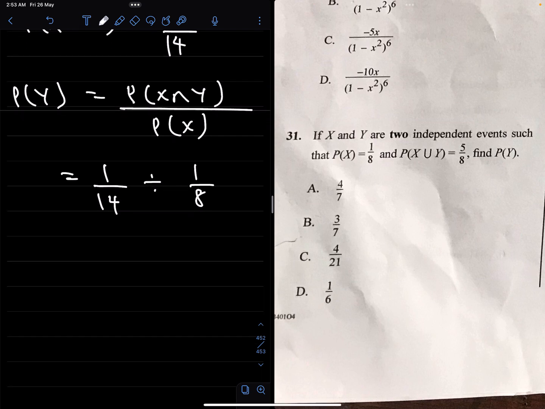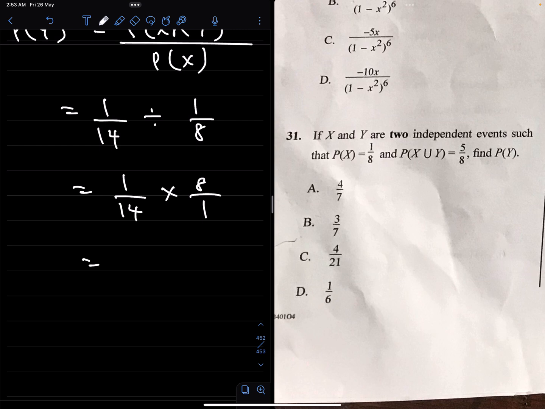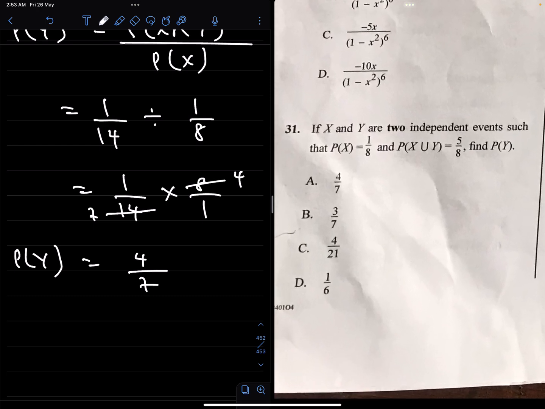That's the same as 1 over 14 times 8 over 1. Just showing some very elementary math there. That means 2 here 4, 2 here 7, and that's 4 over 7. So the probability of y is 4 over 7, and the correct option is A.